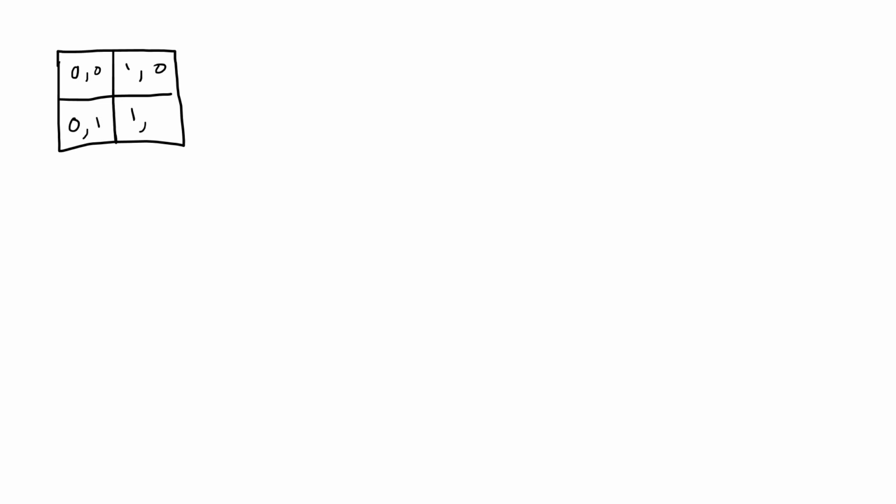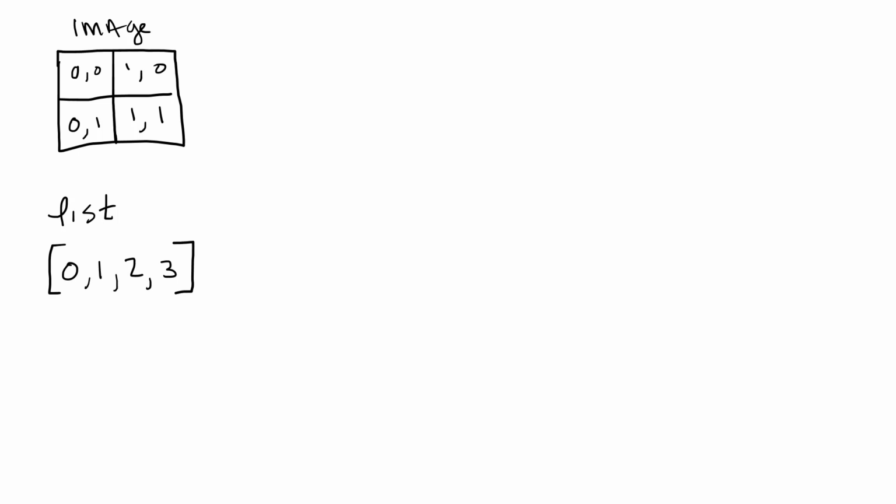So here's our problem. We have a two-dimensional array, which is an image right here. 0, 0, 1, 0, 0, 1, 1, 1. So this is your image. But then we have a list. 0, 1, 2, 3.